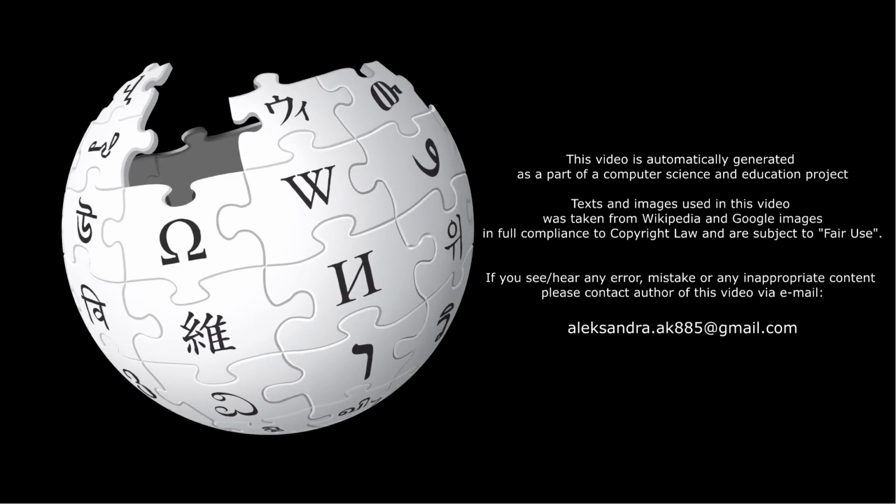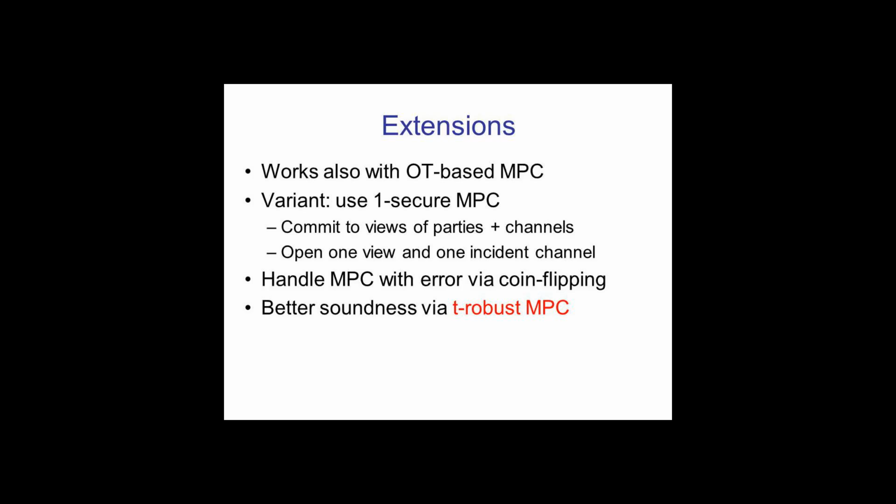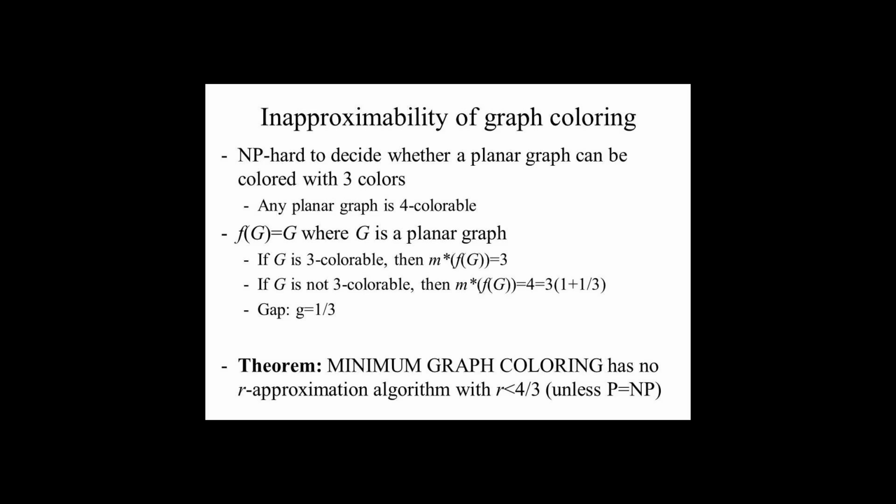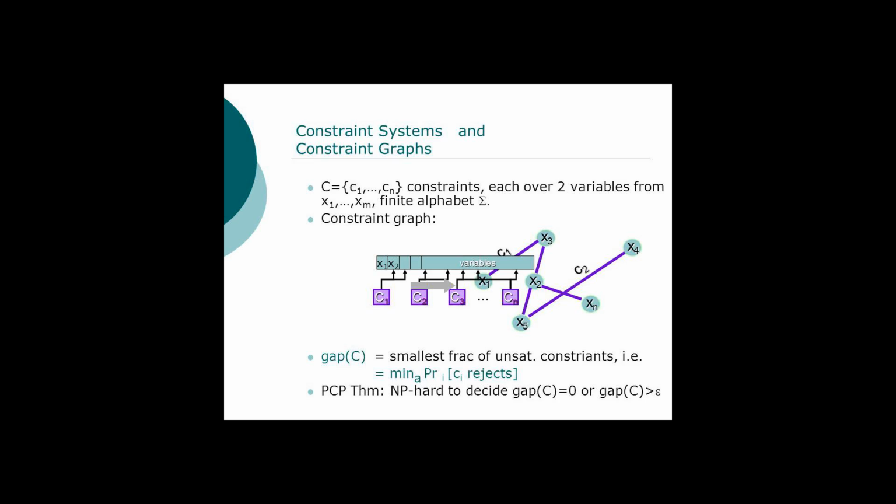Babai, László; Fortnow, Lance; Levin, Leonid; Szegedy, Mario, 1991. Checking computations in polylogarithmic time. STOC '91. Proceedings of the 23rd Annual ACM Symposium on Theory of Computing. ACM. pp. 21-32. ISBN 978-0-89791-397-3. Babai, László; Fortnow, Lance; Lund, Carsten, 1990.